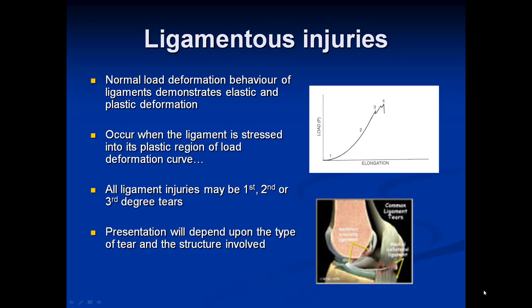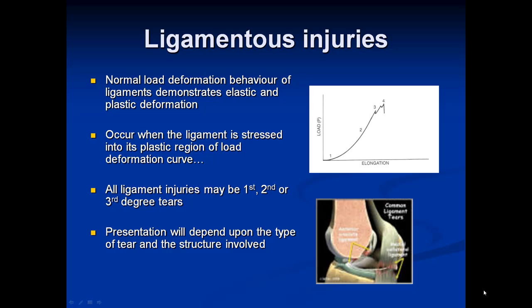Let us now look at the ligamentous injuries surrounding the knee joint. It is useful to consider the pattern of ligament stresses and the deformation behaviour of ligaments during loading.